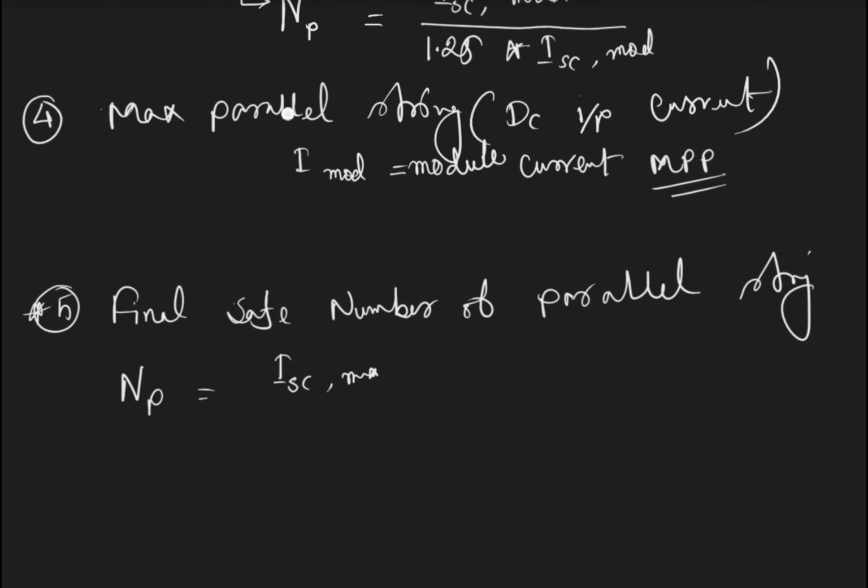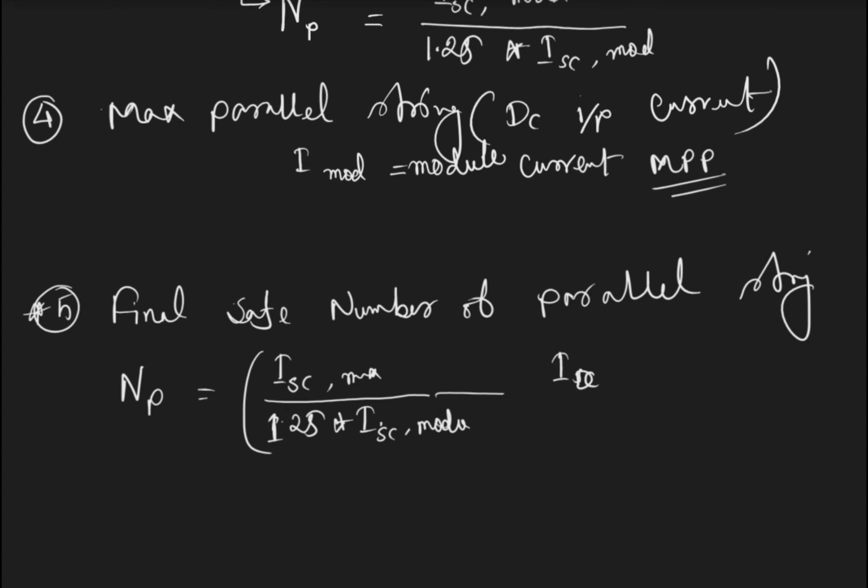Maximum current over 1.25, the safety factor, times the current of short circuit of the module. We got this data from the module.